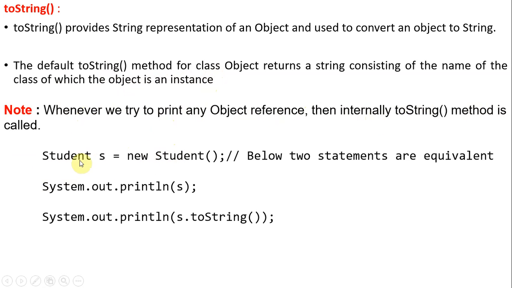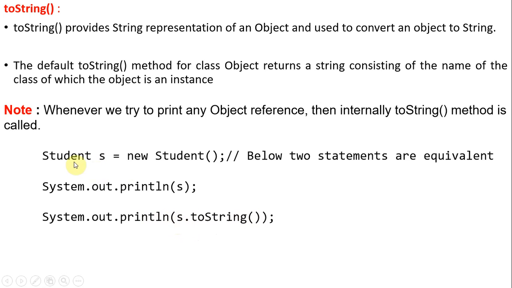So here we are trying to create an object for the Student class. Generally, how do we print the object data? System.out.println. Yes, if you want to print the object, this is the way you can print the data, but that is also possible in a different way, that is s.toString. s is an object of the Student class. So toString means we are trying to print the class of this object.